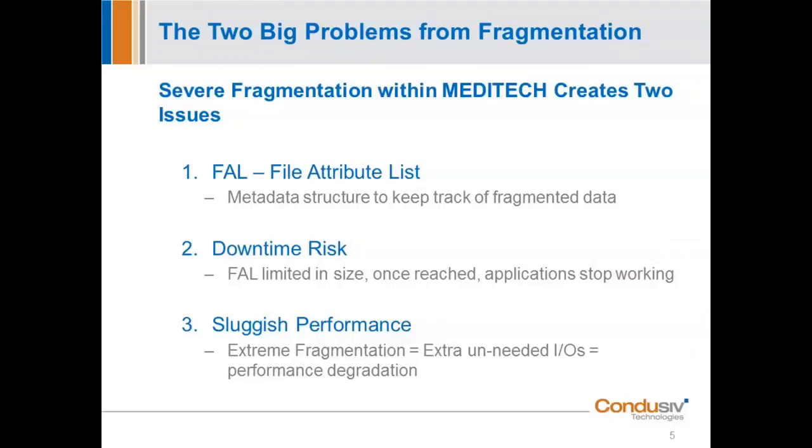As a file gets fragmented, it has to keep data on where each of those fragments is pointing to on the volume. When it's just a few fragments, it's very easy to keep track of them. But as files get very, very fragmented, the Windows file system creates this structure called the FAL, the file attribute list, which keeps track of all the fragments and where they're located.